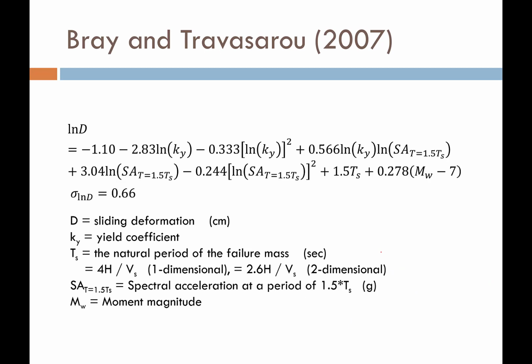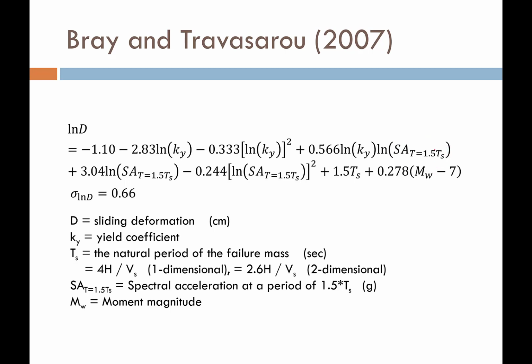For the Bray and Travasarou model, here is the equation that we're given. Now, Bray and Travasarou do have a model that is just for peak ground acceleration, but I really like this version of their model where what they ask for is the spectral acceleration of the slope at a period of 1.5 times the natural period of the slope.